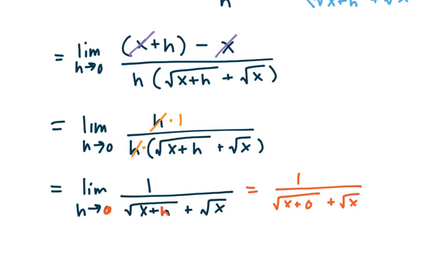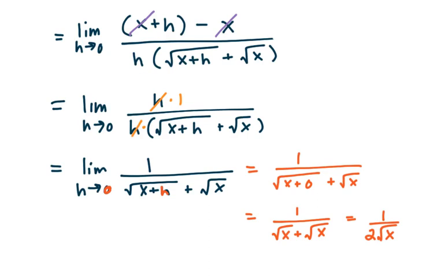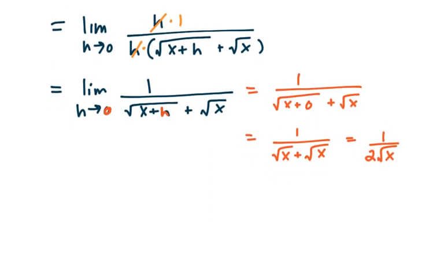And of course, x plus 0 is just x. So I have 1 over the square root of x plus the square root of x, or 1 over, adding those, I get 2 square roots of x. And 1 over 2 square roots of x, that represents our derivative.